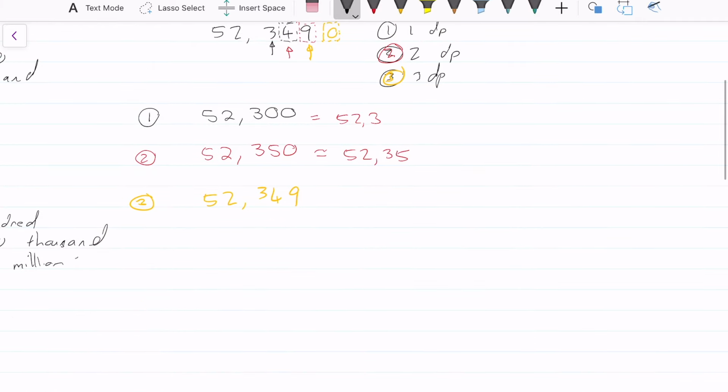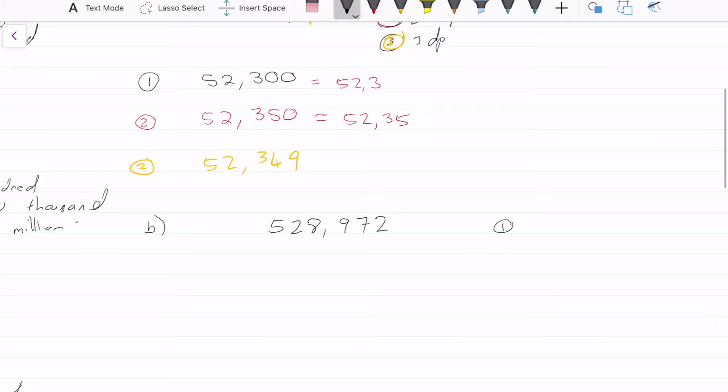Okay, now let's go on to something a bit more challenging. 528,972. Okay, and we want to round off to 1 decimal place, 2 decimal places, and let's say 3 decimal places. Actually, yeah, let's change this there. Let's make it 0, 2.